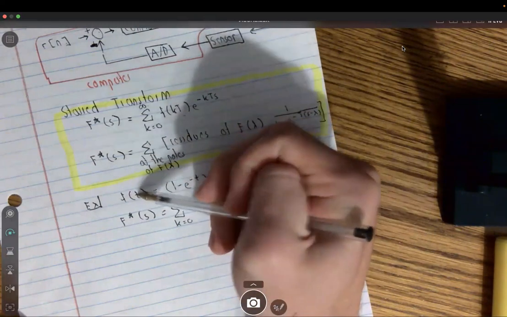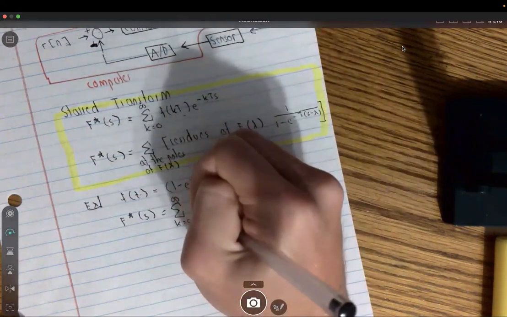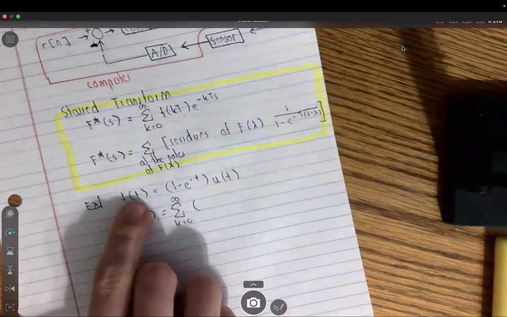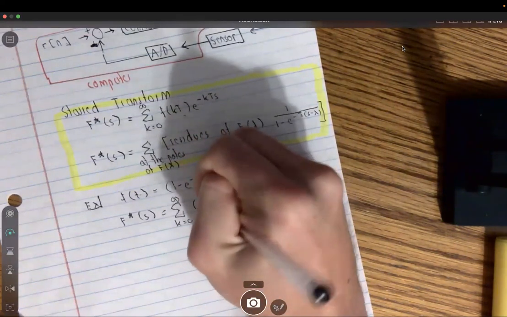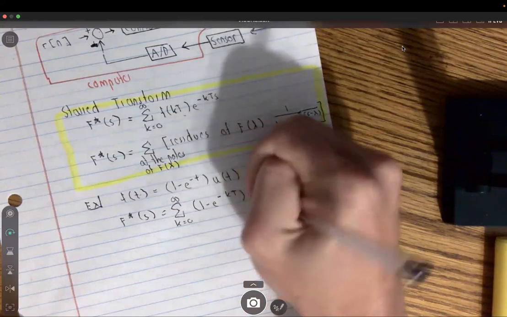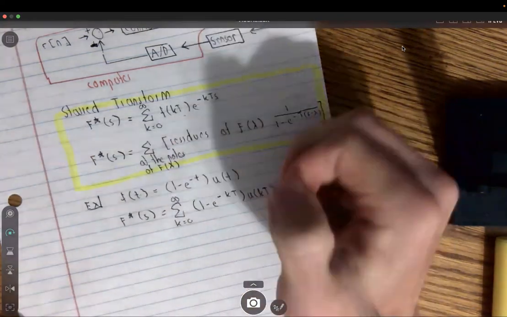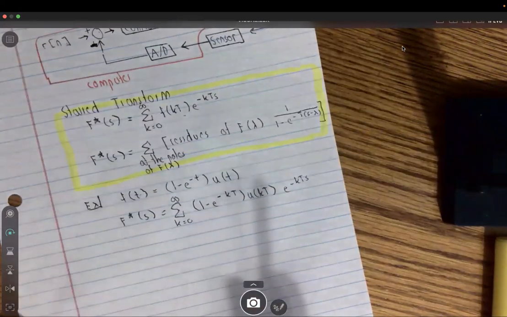So letting t equal k capital T, inside we replace every t with kT. I'm going to get 1 minus e to the negative kT, and then u of kT, okay? And then e to the negative kTs. So that's what I get here.